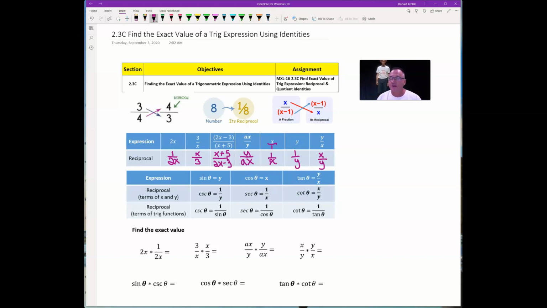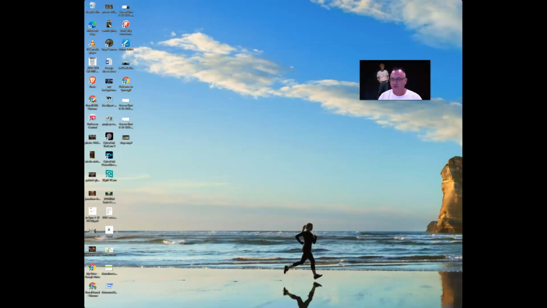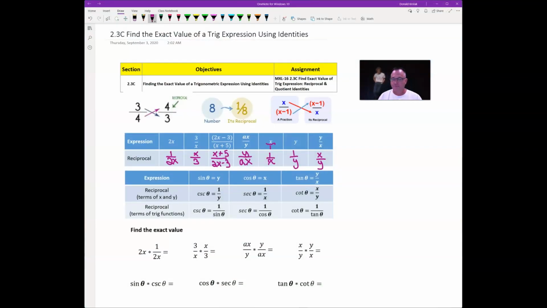So that's finding the reciprocal. Now, part of doing this was, well, what does the reciprocal do? If I multiply a number by its reciprocal, let's see what happens. If I took 2x and I multiplied it by 1 over 2x, when we multiply, we can cancel.